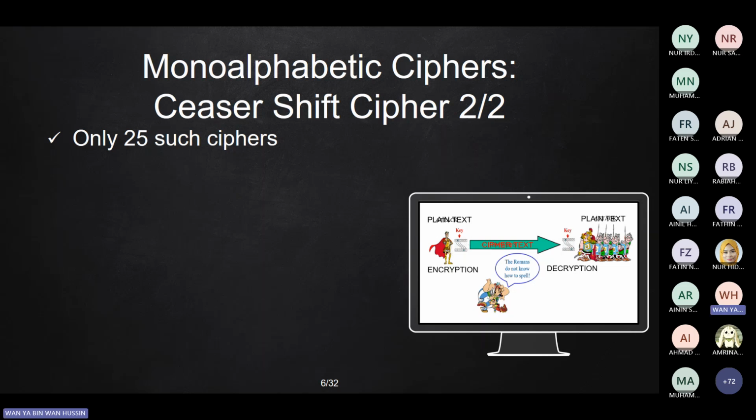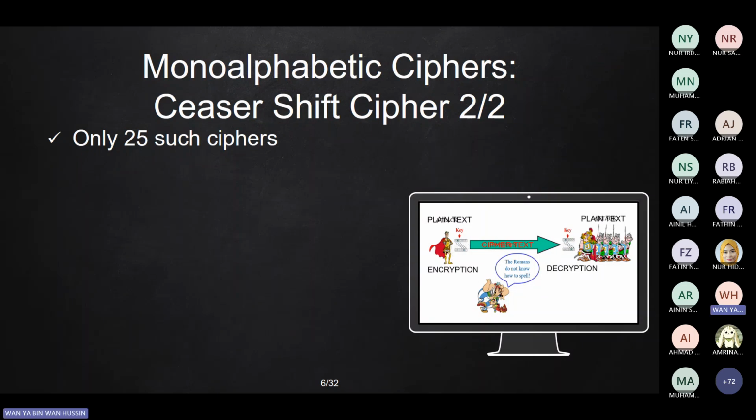Because of that, we have about 25 keys. A until Z is 26. Why do we need to minus 1? Because if we apply shift 0, it means there is no transformation.